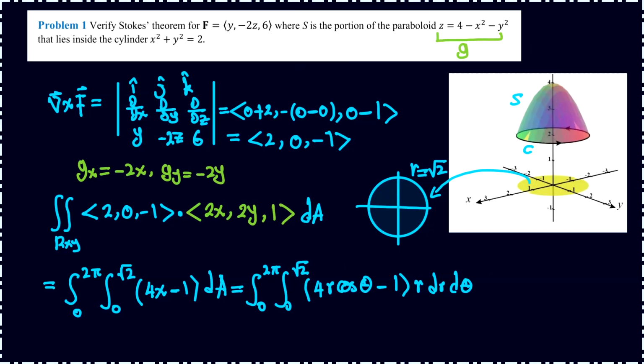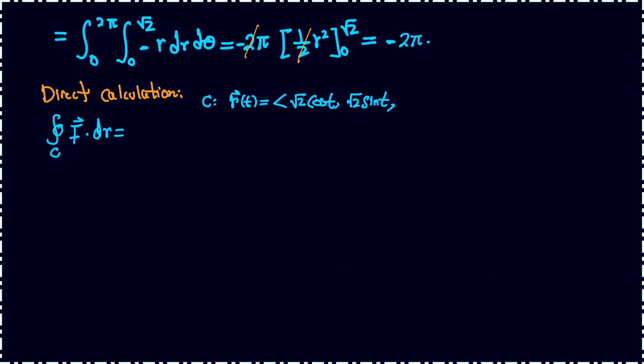The z here is 2. This circle is drawn at z of 2. So the k-hat component of the r vector is always going to be 2.